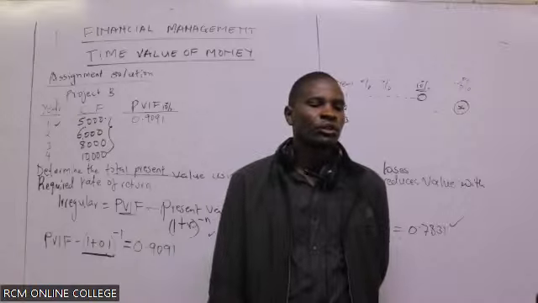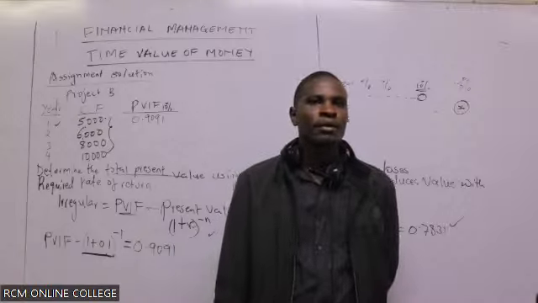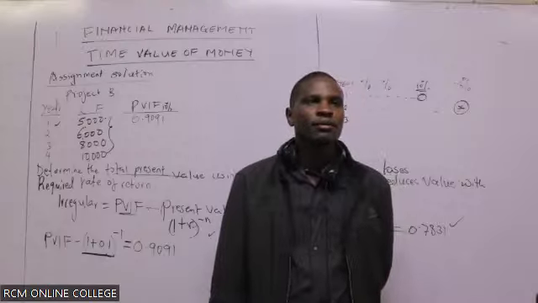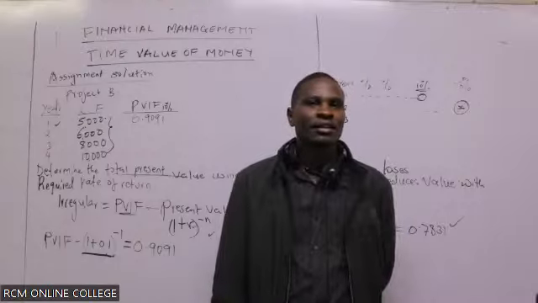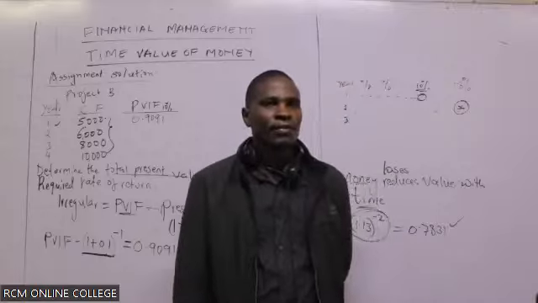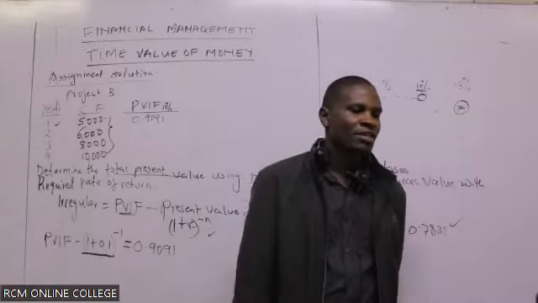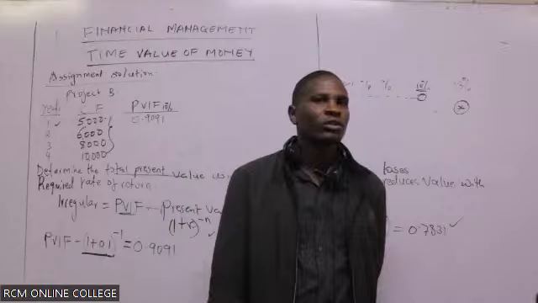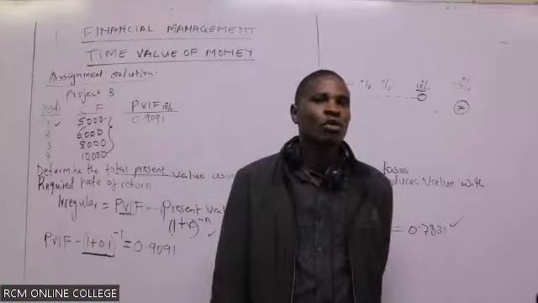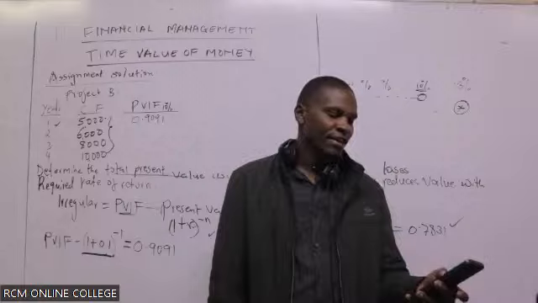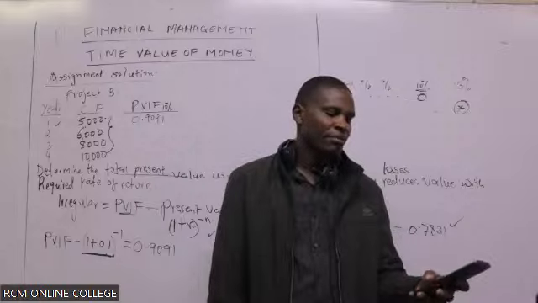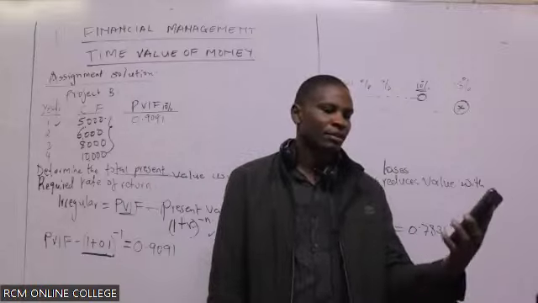A very nice question from Simon there. You see, in most cases, examiner expect you to use the table. And that's why the table is provided in every FM and AFM past paper.